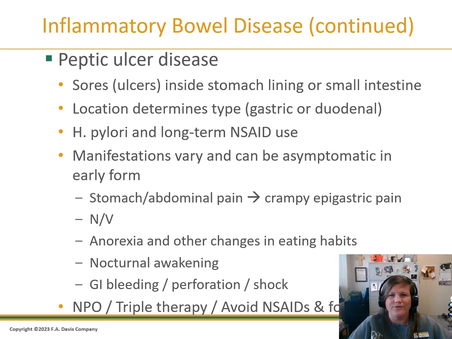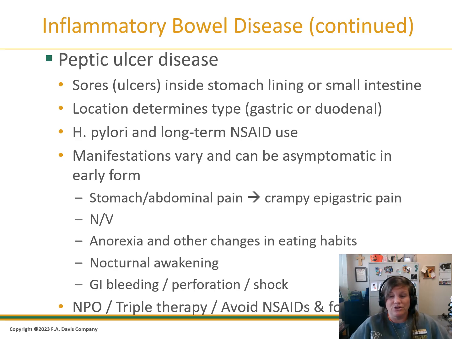With toddlers, it more often presents as anorexia, so that refusal to eat, as well as vomiting and bleeding, and it doesn't specify where that bleeding occurs, but I would likely expect it in the fluids the patient is eliminating, whether that be vomit, feces, possibly even urine. Preschoolers experience pain when they're waking up, and it does not feel any better with consuming food, so eating does not make it improved. School age and adolescents have basically the same symptoms or manifestations as the adult patient has.